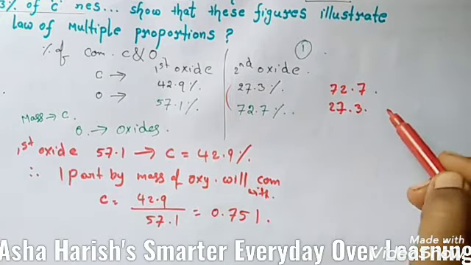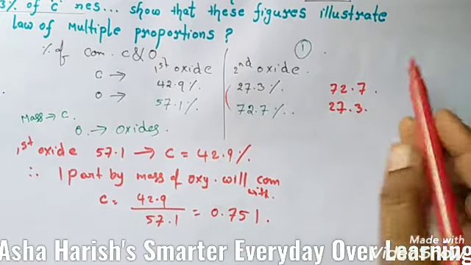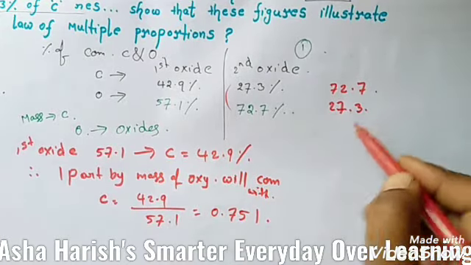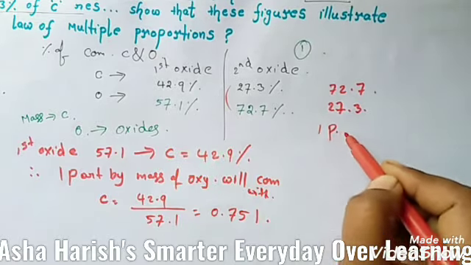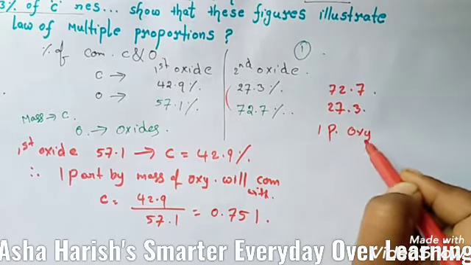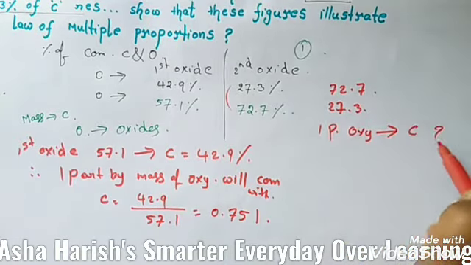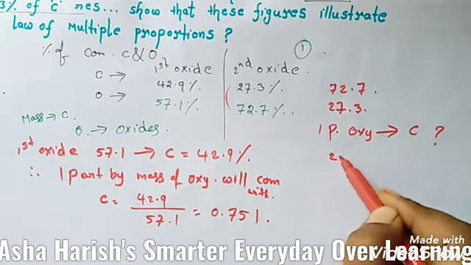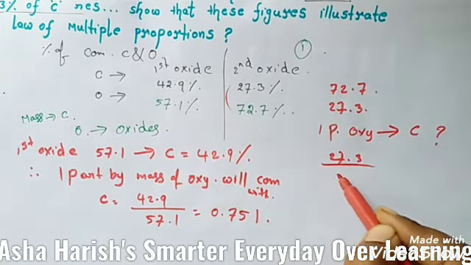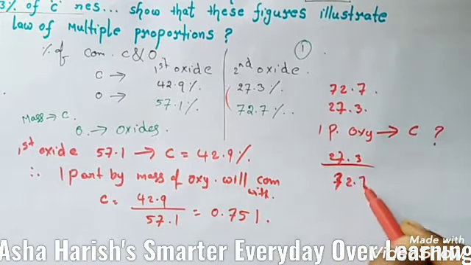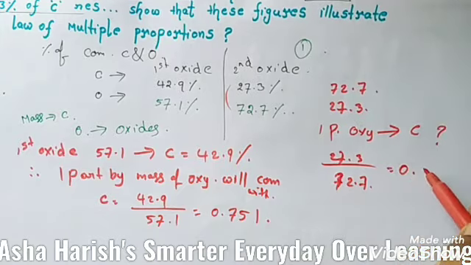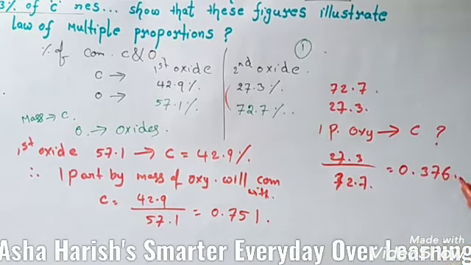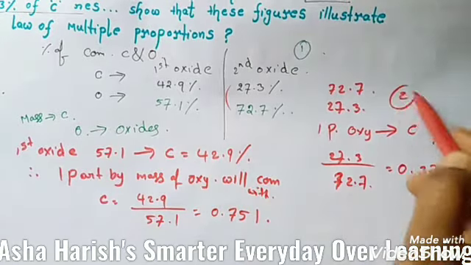Therefore, 1 part by mass of oxygen will combine with how much of carbon? To calculate that, 27.3 by 72.7. That should be 0.376. This is only step 2 we have.